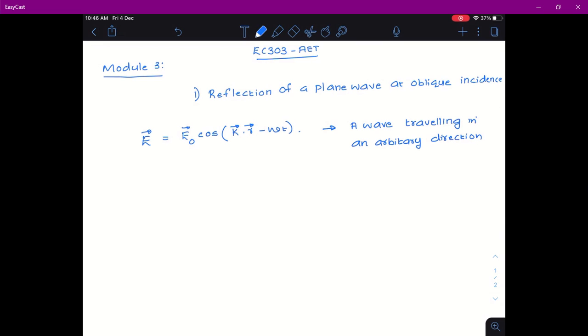The k vector is defined as kx ax cap plus ky ay cap plus kz az cap, and the name of this vector is wave number vector or propagation vector.